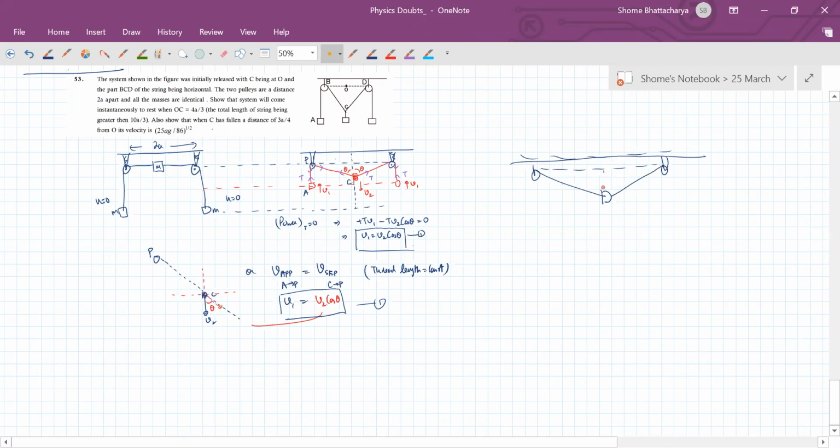So this one has come down through a displacement of S, let's say.